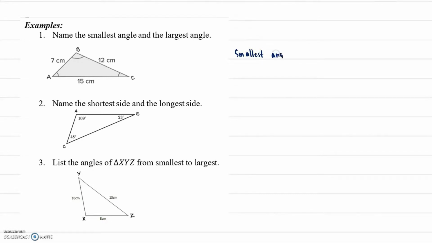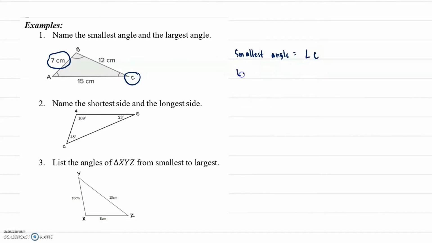Applying the theorems that we discussed in the previous slide, the smallest angle is opposite the shortest side of the triangle. Since the shortest side here is side AB, the angle opposite to side AB is angle C. So angle C is the smallest angle.